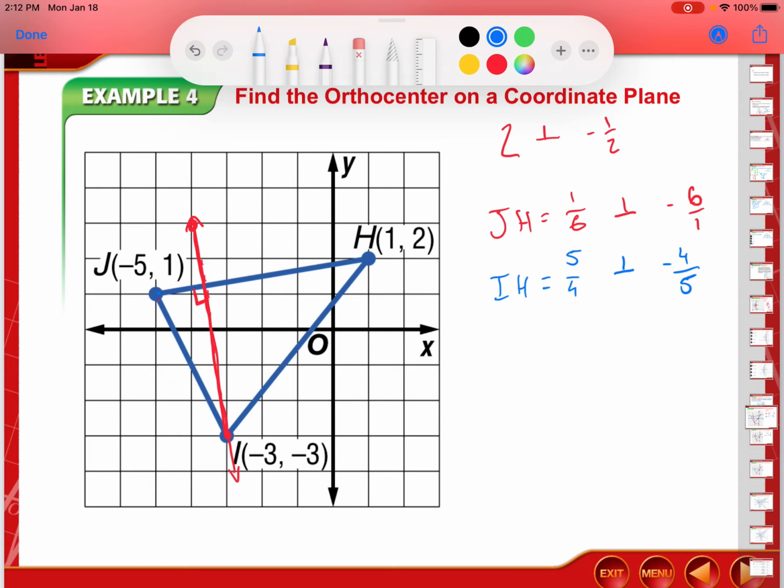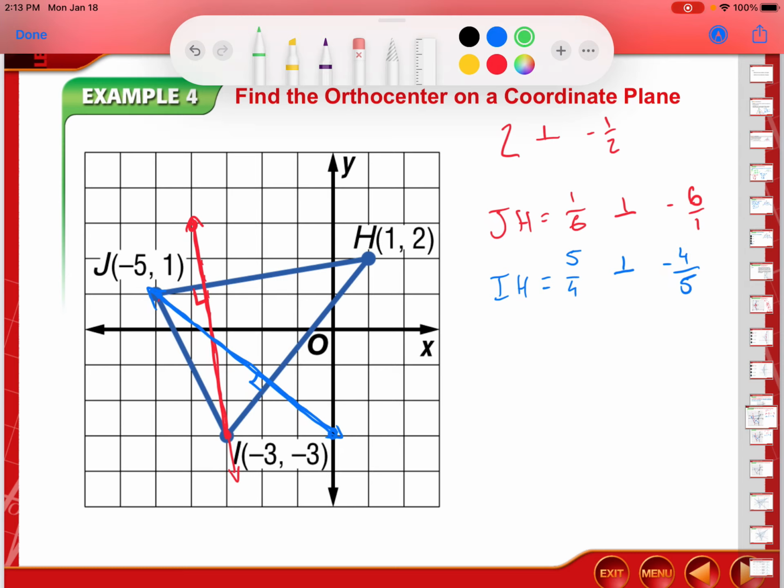So we're going to go down 4 from point J and right 5. Down 4, right 5. 1, 2, 3, 4, 5. So we're going from there to there. So if I connect that like that, we have a 90-degree angle there.